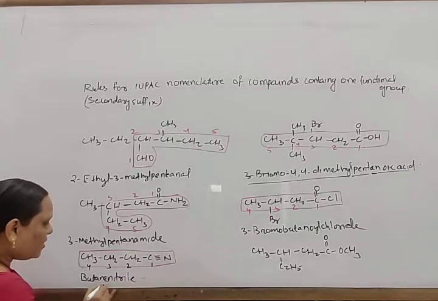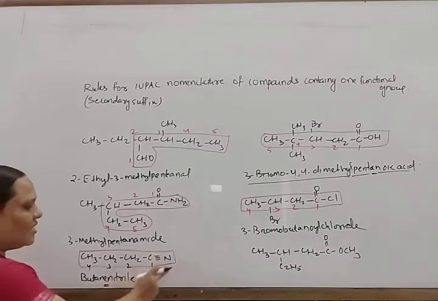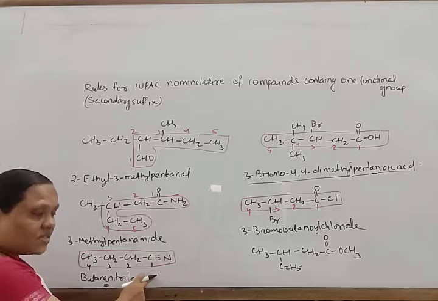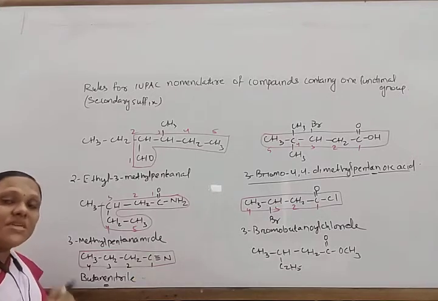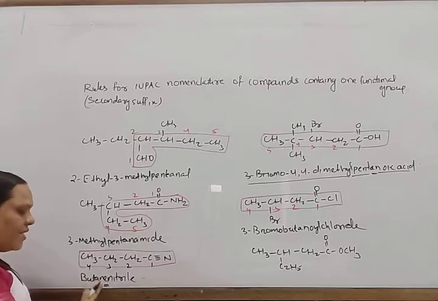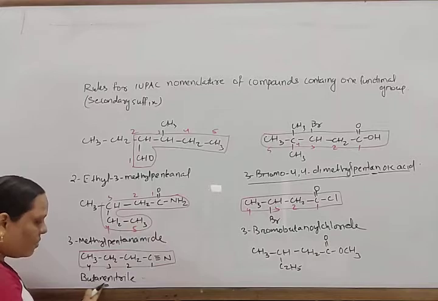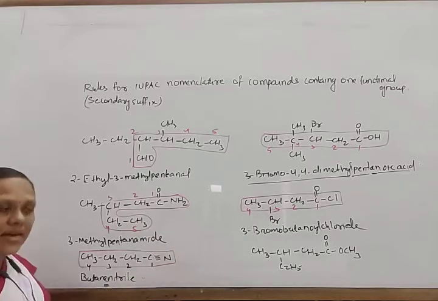Look here, this E is not dropped. Why is this not dropped? Because the functional group, the secondary suffix nitrile, started with a consonant. If it started with a vowel, then omit or drop this E, then write the secondary suffix. Here you have to write completely butane nitrile.